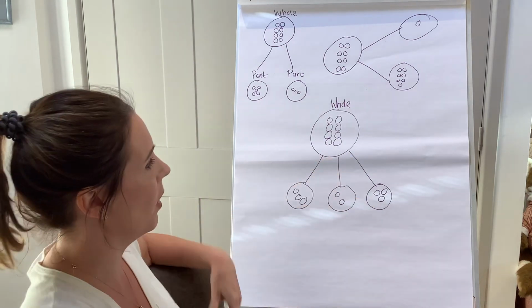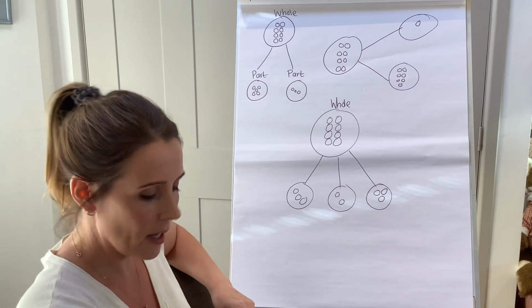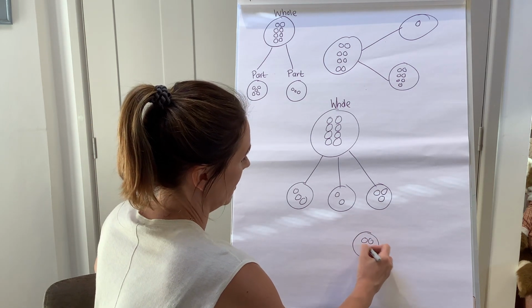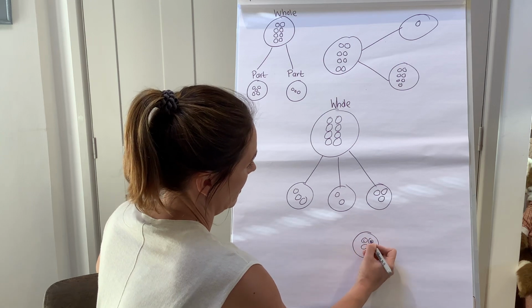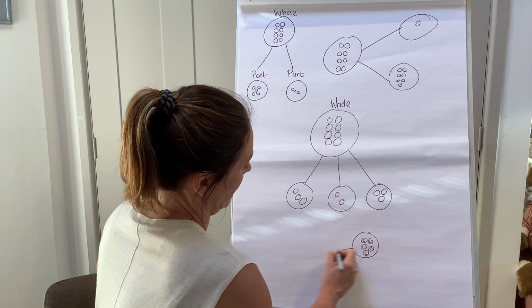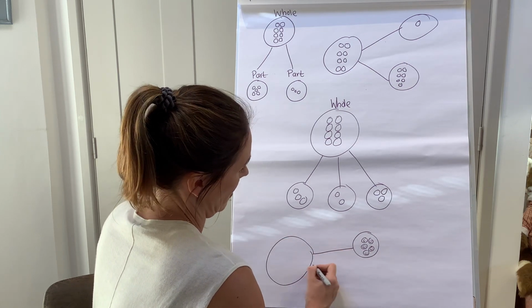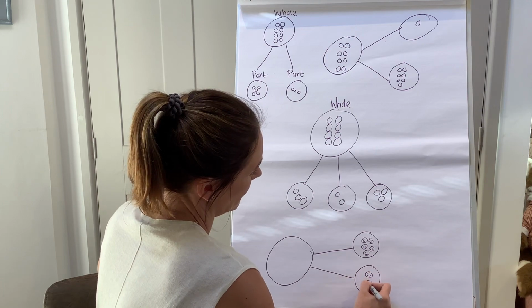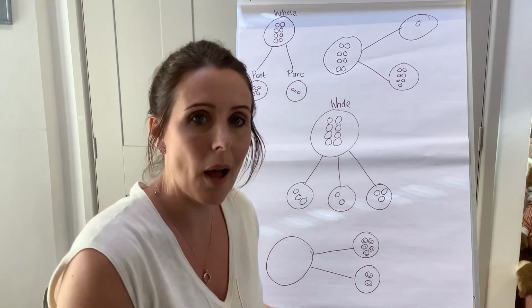You can use the part whole model to make little stories. So I could have 5 children went to the park. 2 more children joined them. How many altogether? How many combined?